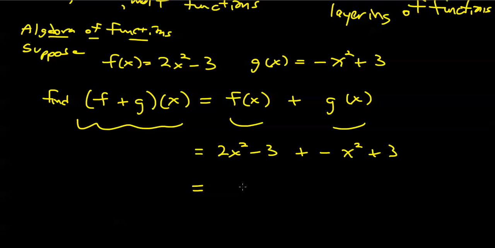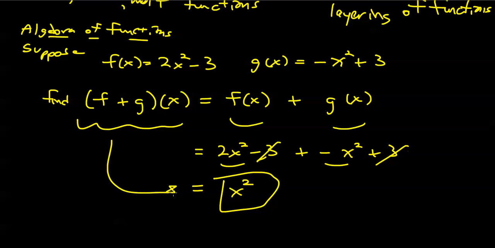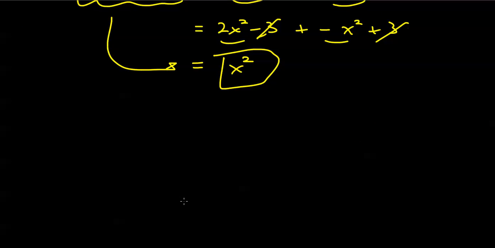And I can, of course, combine those two functions by combining like terms. 2x squared minus x squared is 1x squared. And minus 3 plus 3 is, of course, 0. So that minus 3 and plus 3 cancel out. So f plus g of x in this case is x squared. Simply add the two functions.